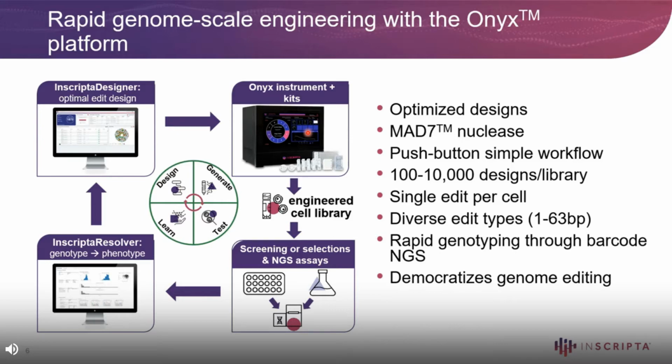And in a matter of 2 to 4 days, depending on if you're doing E. coli or yeast, you will get this tube of engineered cells that comes out of it. So this tube of cells contains basically thousands of different strains that were designed within the platform, and each cell will contain at most one of the edits that was contained in your design library.